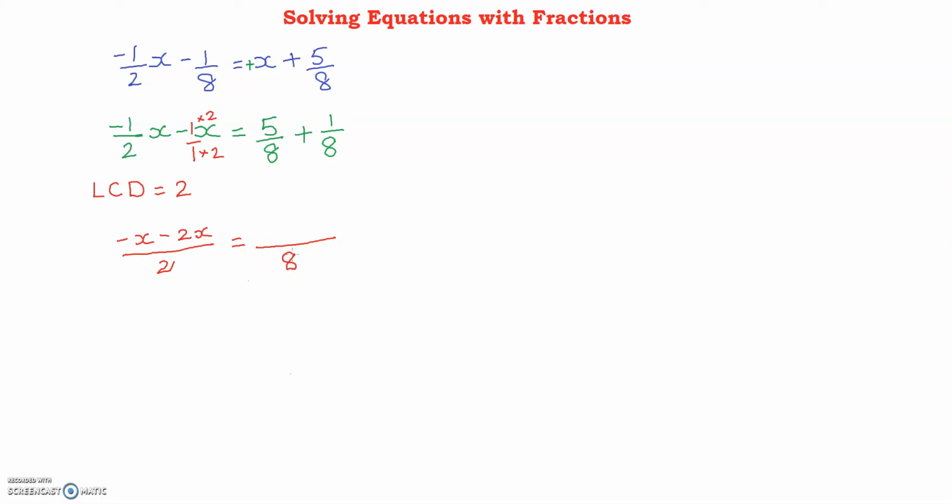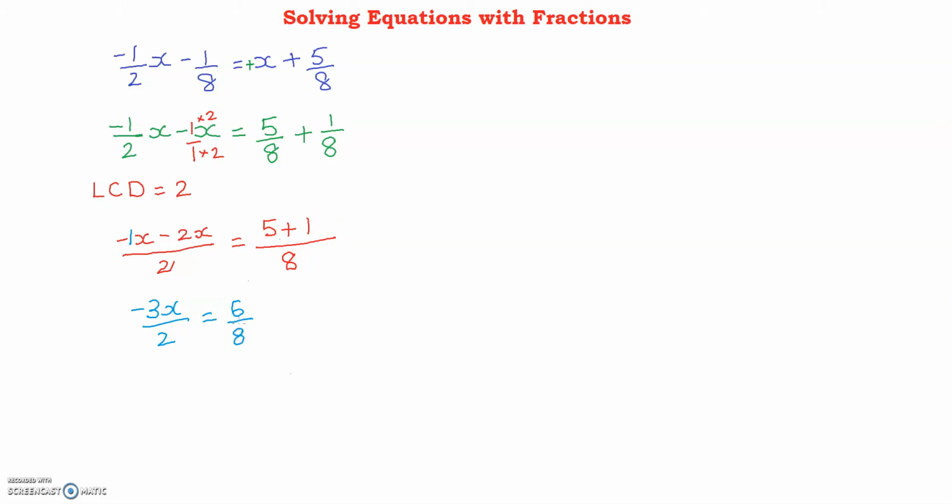Both of them are the same, so we don't have to find the LCD. I will simply add 5 and 1. So negative 1 and negative 2 will give you negative 3x over 2. 5 plus 1 will give you 6 over 8.